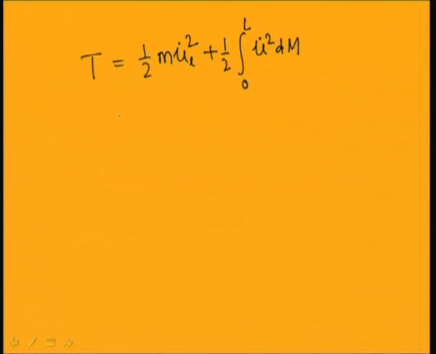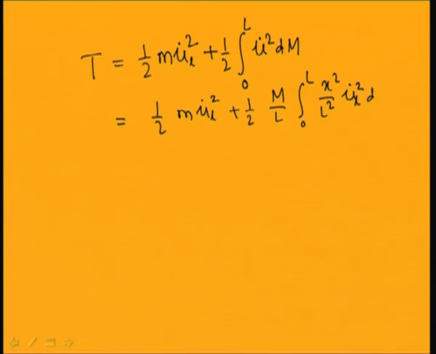So this can be written as half m uL dot square plus half m by L, integral from 0 to L of x square by L square uL dot square dx.